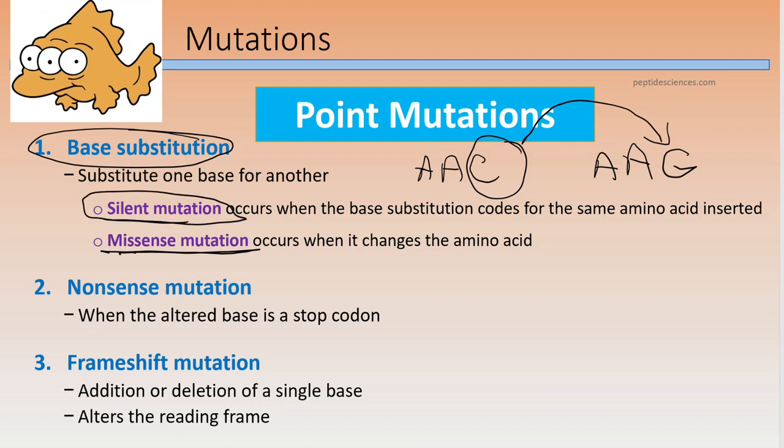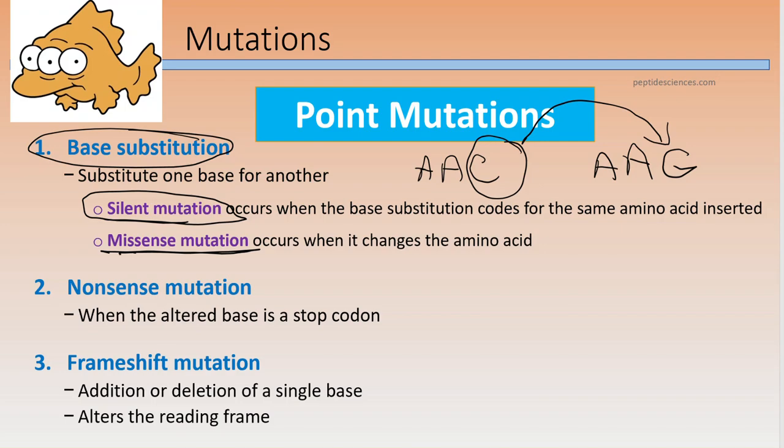Sure, you have a mutation, you have the wrong nucleotide base there, but because it coded for the same amino acid, the protein is not altered in any way. So it's called a silent mutation because it does not change the protein.